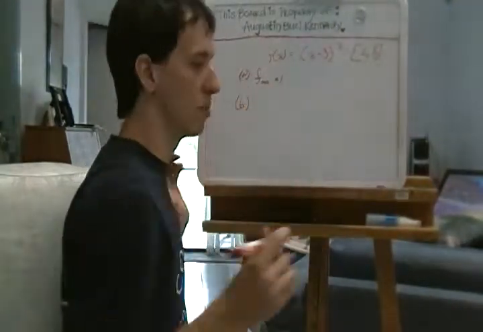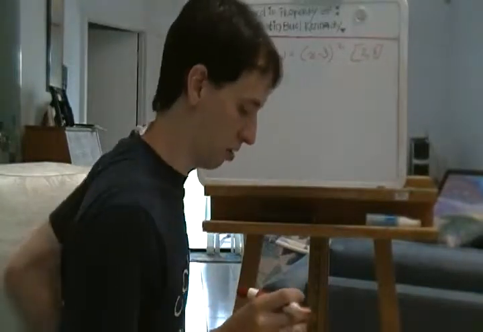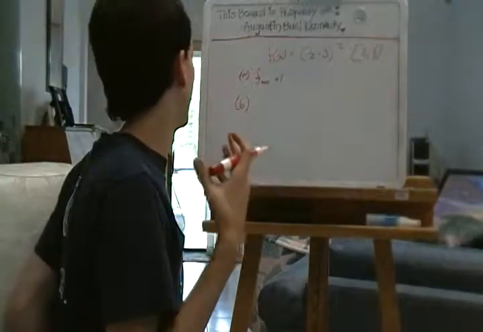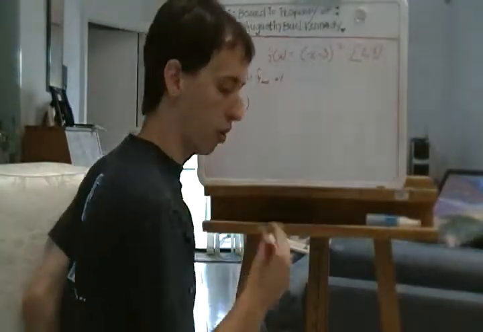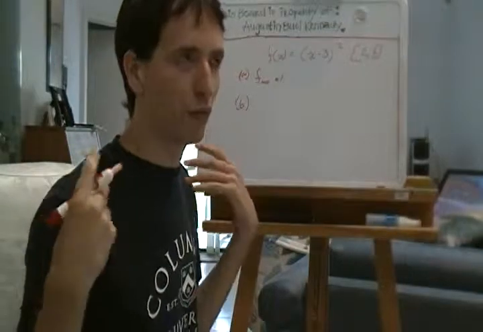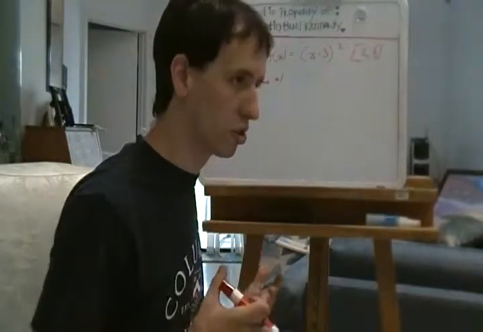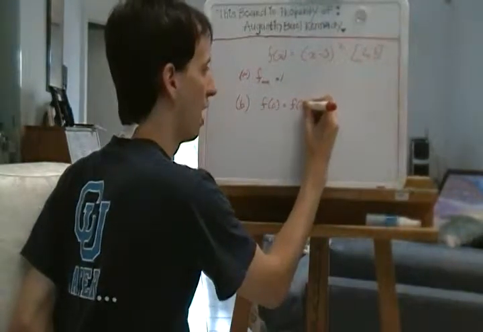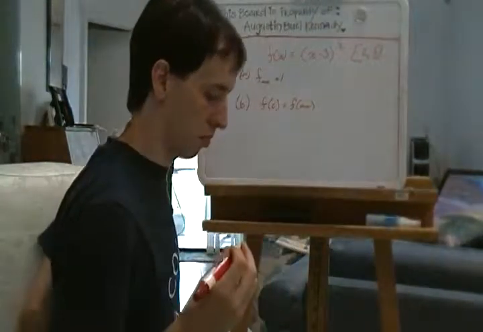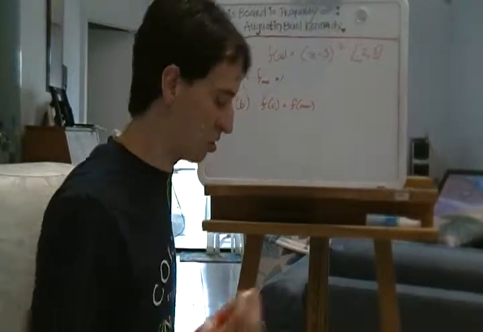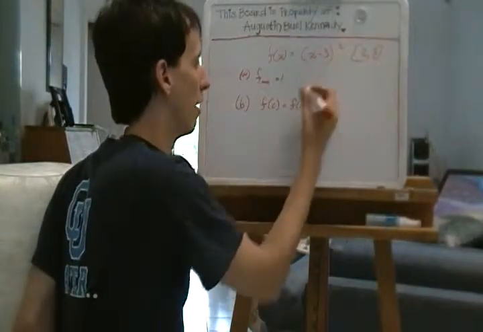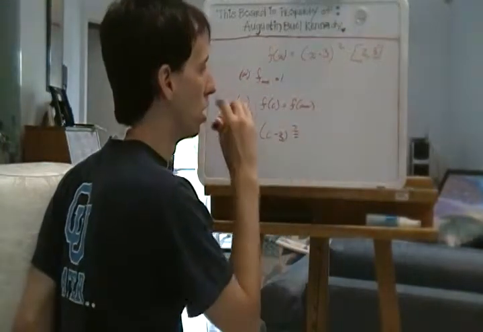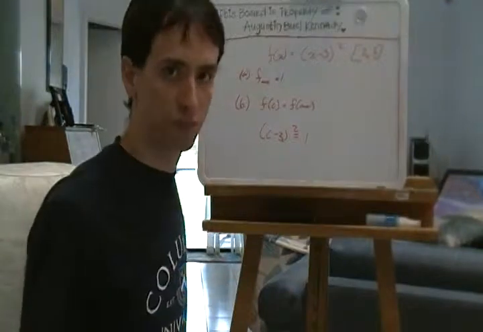Second, we need to find some c's that are representative of the integral at its average. Through the mean value theorem for integrals, we know, remember, that f of c equals f of the average. What does that really mean for us? It means that (c minus 3) squared is going to equal the average, 1.